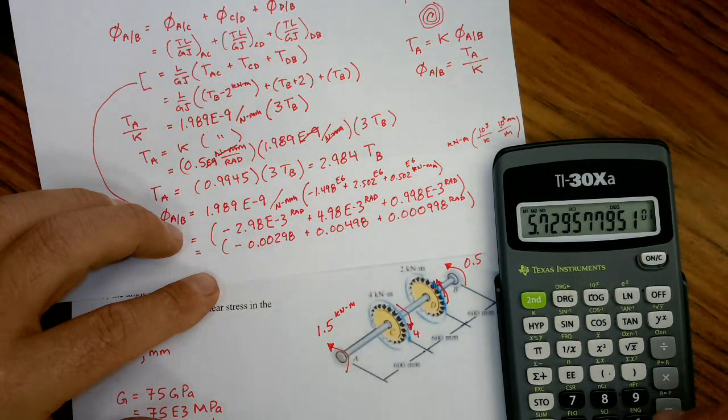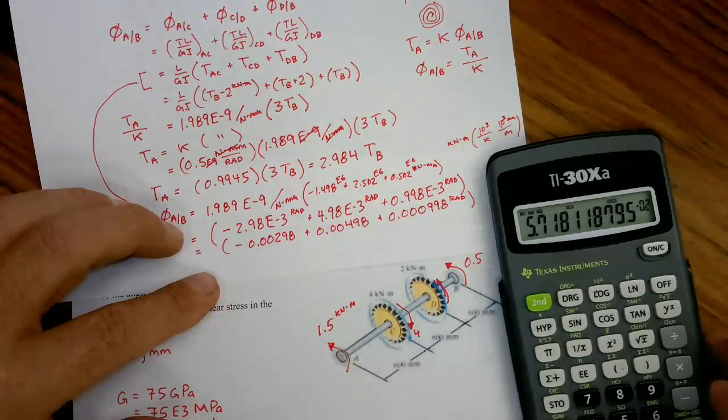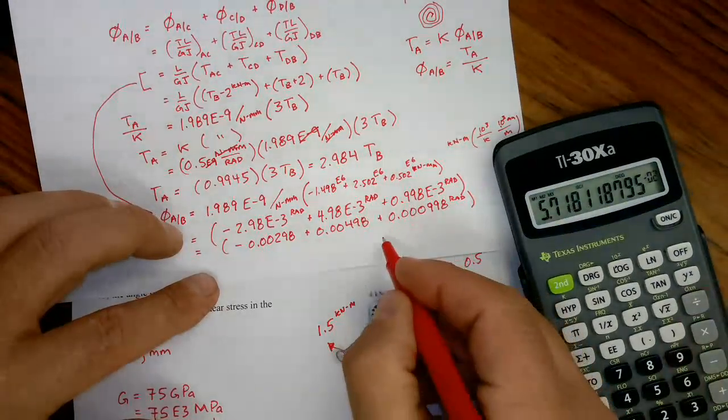So if I multiply that times 0.998 E minus 3, I get 0.057 degrees.